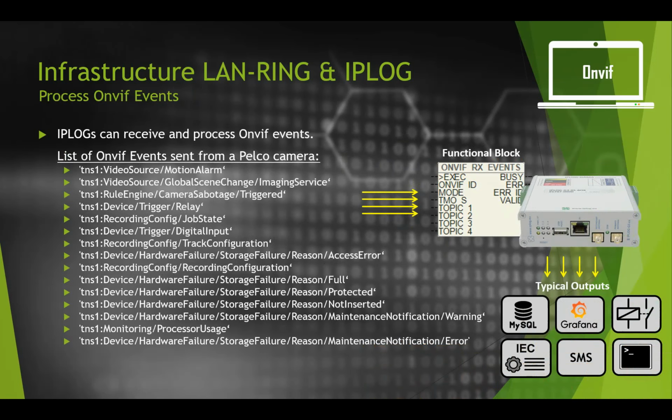Another option to effectively use the ONVIF protocol is the analytical functions of IP cameras. These generate a number of interesting ONVIF events. See the list of events on the slide generated by the Pelco fixed IP camera. One of the scenarios used in practice was this.